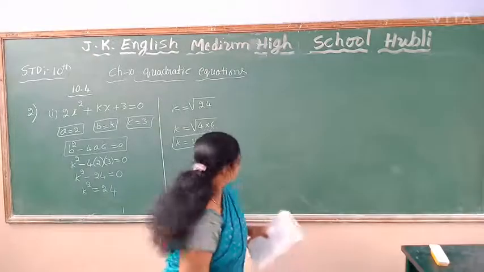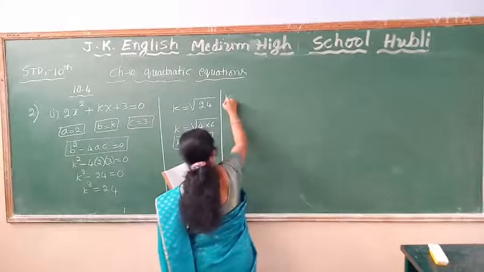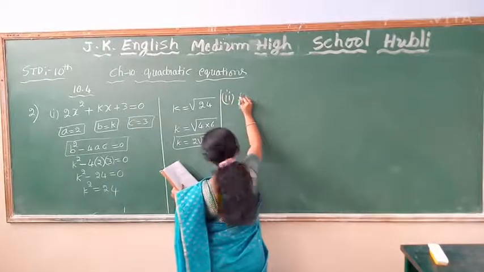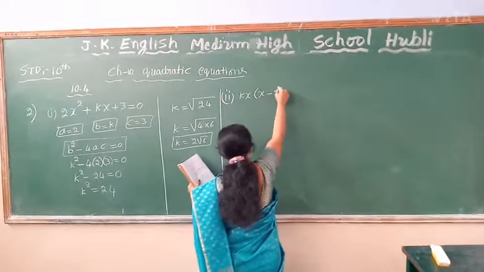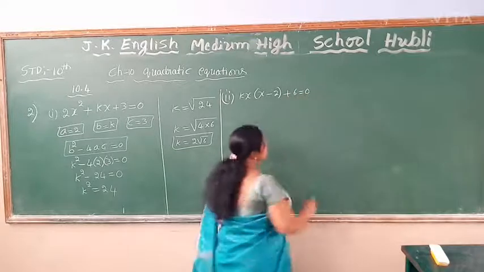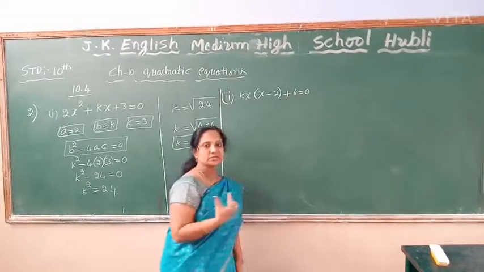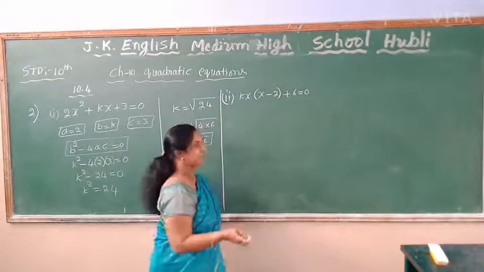The next second question in this second main is k into x minus 2 plus 6, this is equal to 0. Children, here it is not according to standard form of quadratic equation. So what I will do, I will simplify now.